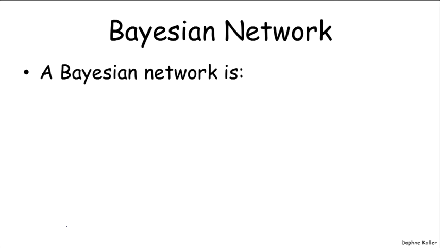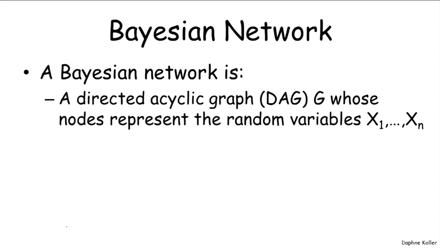So what does that give us as a definition? A Bayesian network is a directed acyclic graph. Acyclic means it has no cycles. That is, you can't traverse the edges and get back to where you started. This is typically abbreviated as a DAG, and we're going to use the letter G to denote directed acyclic graphs.